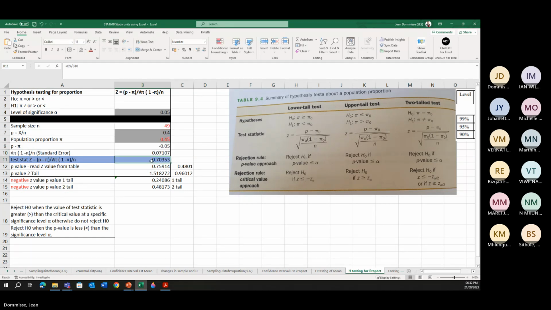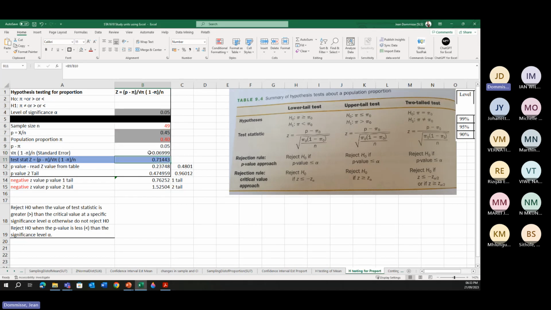Then if we look at the test statistic, what is very important here, let's quickly check. I swapped those two around. Let's just see if there's actually a difference. So that's correct.